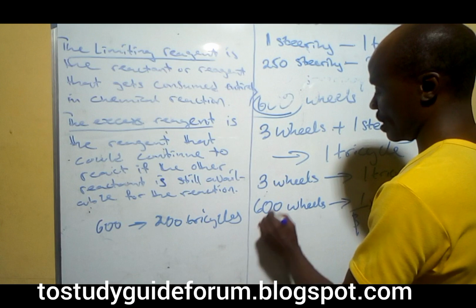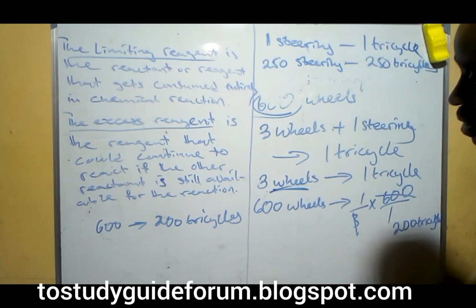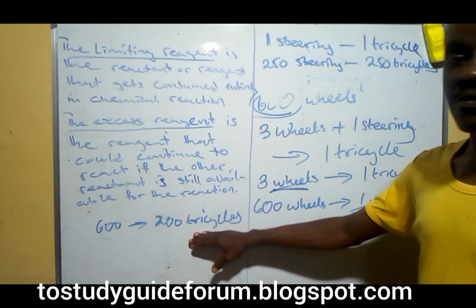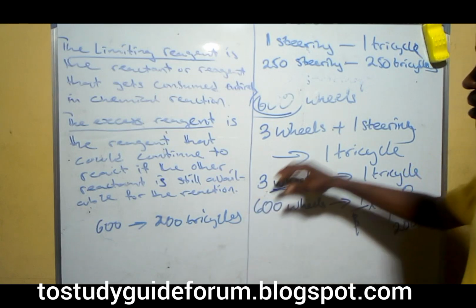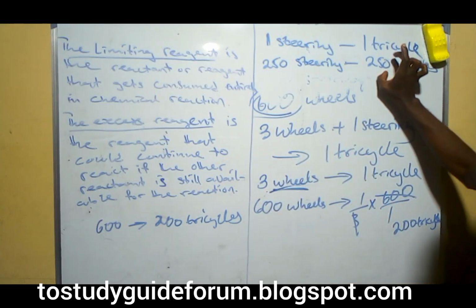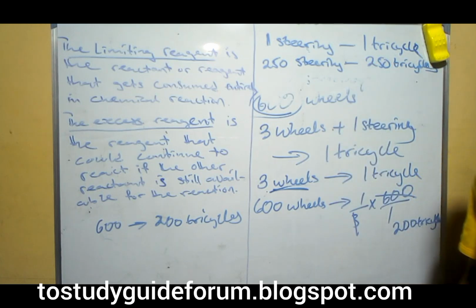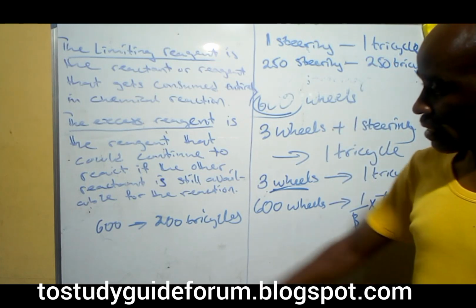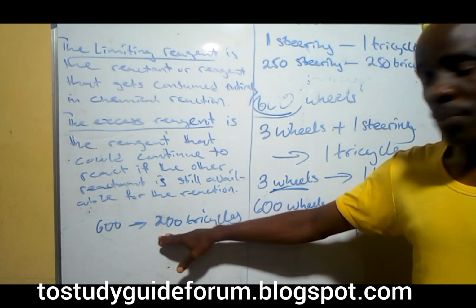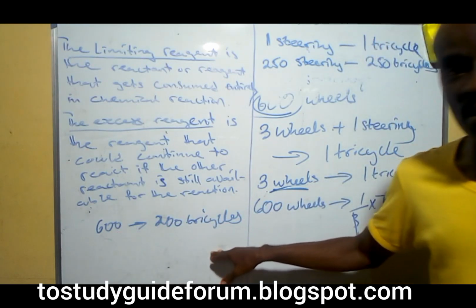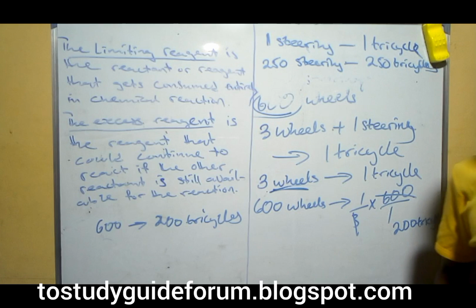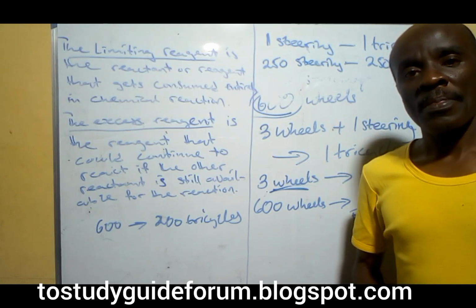Because by the time you produce 200 tricycles, there will be no more wheels to use for the remaining 50. For the fact that the wheels produce the least, we say it is the limiting material.